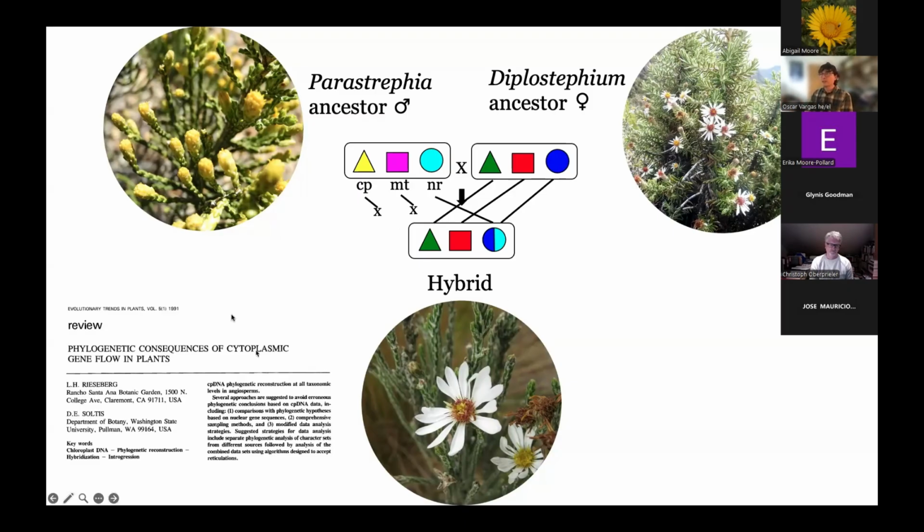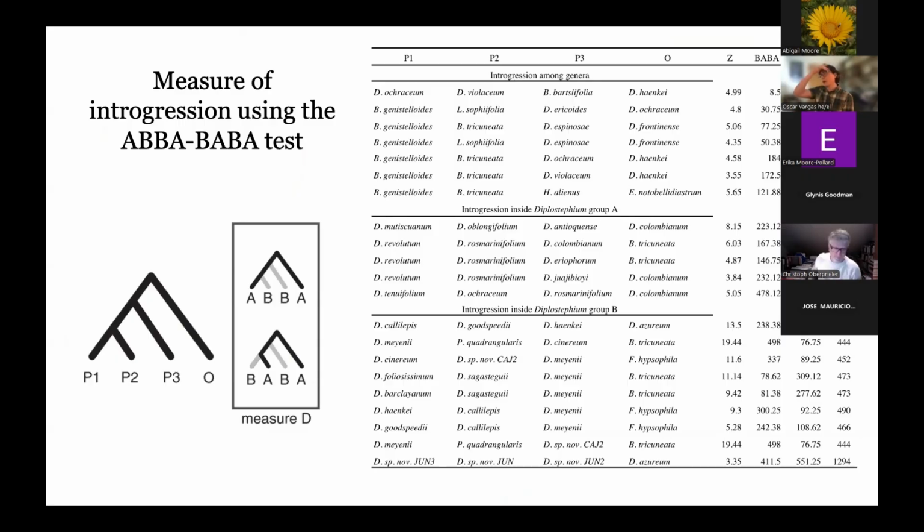And this is not something new. This was proposed before by Rieseberg and Soltis in '91, in which they say, hey, chloroplast phylogenies are great, but we have to be really careful about using them, because if there is hybridization, they are going to be biased.